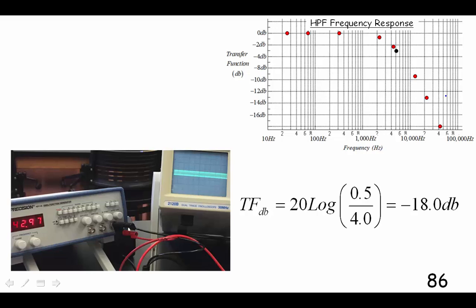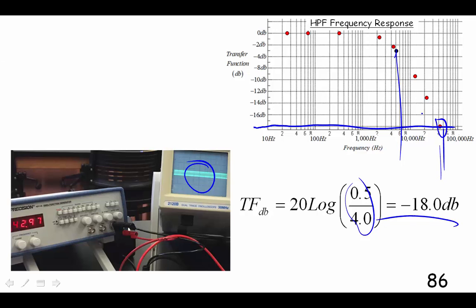And now I have 3 points above the cutoff frequency like I'm supposed to have. This is 0.5 volts out, so when I put that over 4, I got negative 18 decibel cut at a frequency of 42,000. There's 40,000, there's 42,000 right where I plotted it.